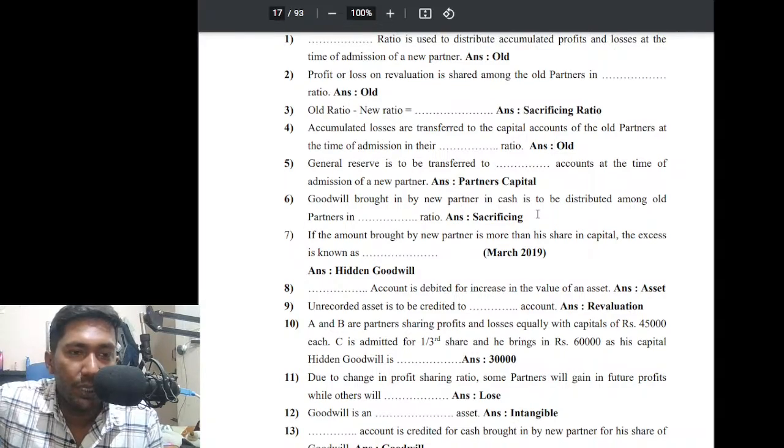Types of shares, you can write preference shares and equity shares. Debentures, you can write convertible, non-convertible, participating debentures, non-participating debentures, and registered debentures, unregistered debentures. Done.